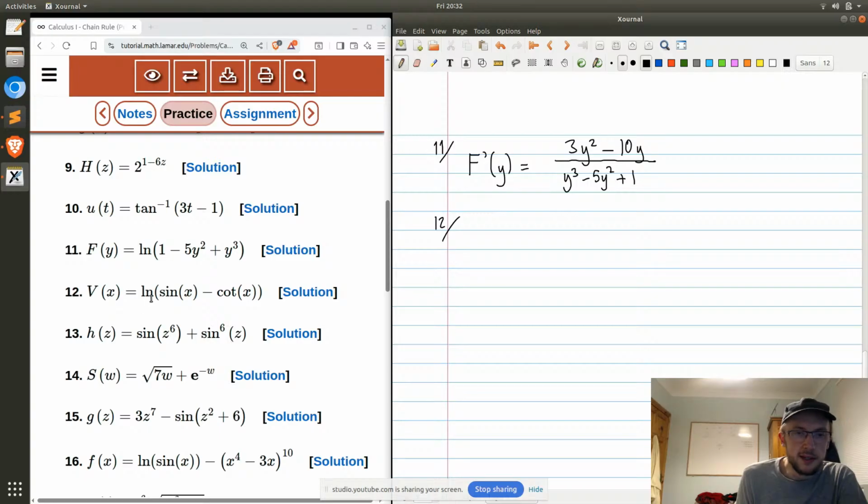v of x is the natural logarithm of sine x minus cot x. So let's do it. v prime of x. Well, let's see. So that's going to be our denominator.